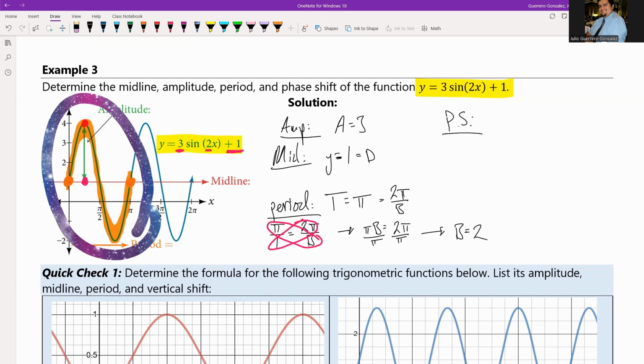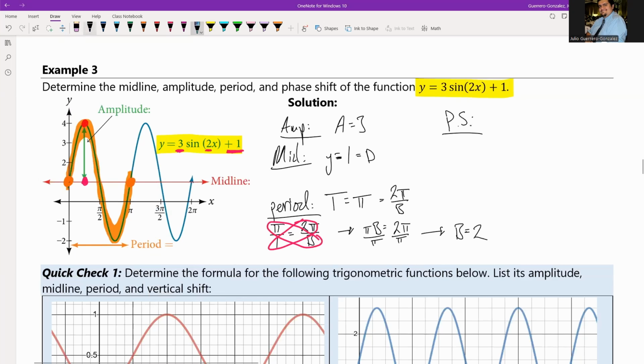So that means my phase shift, c divided by b, has to be equal to 0. I know that b is equal to 2, so c divided by 2 is equal to 0. C has to be equal to 0 as well. Now we are completely done.